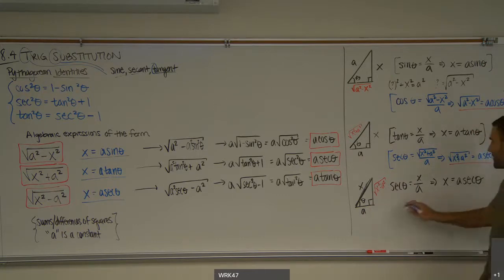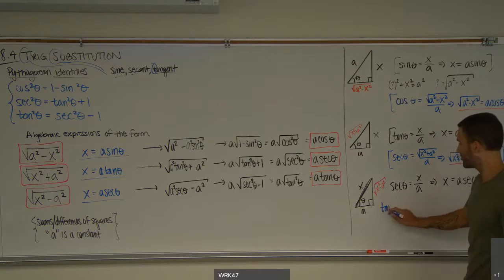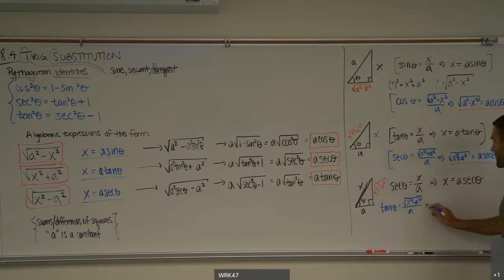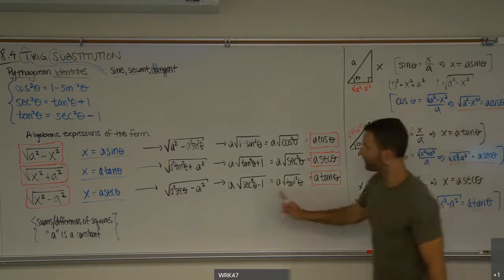This means that tangent of theta is square root of x squared minus a squared over a. Multiplying both sides by a tells me now that this relationship, this algebraic expression in this triangle is now a tangent of theta, which is what we wanted to show.